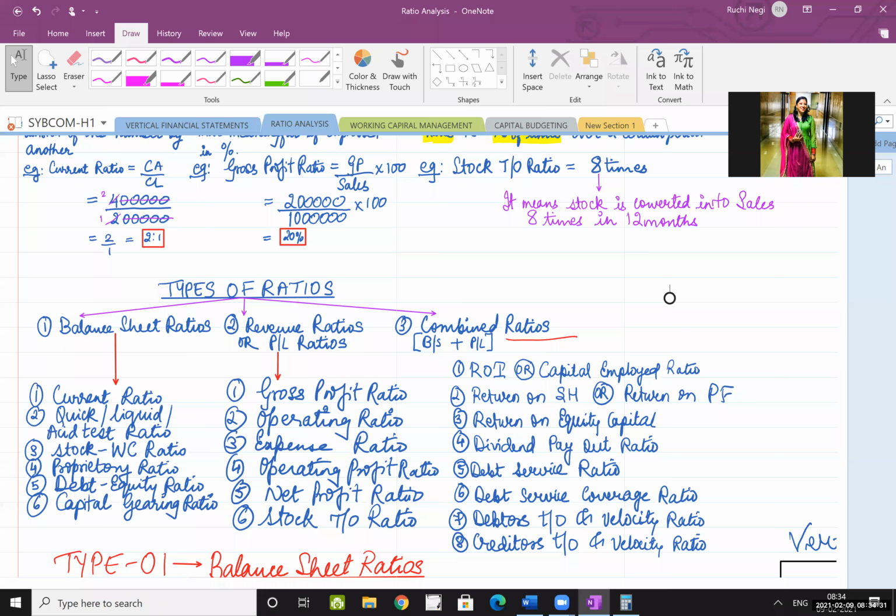Okay, so am I clear till here? In combined ratios you will be studying ROI, return on investment, also known as capital employed ratio.